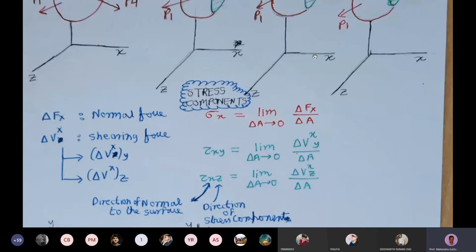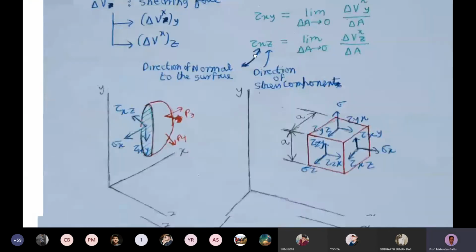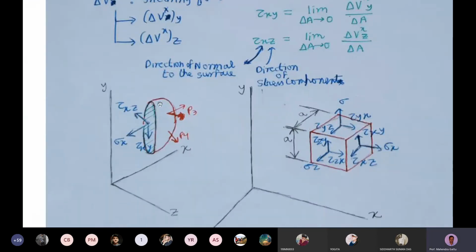Similarly, we can cut a cross section. Previously, we cut the body and looked at the free body diagram of the left part.